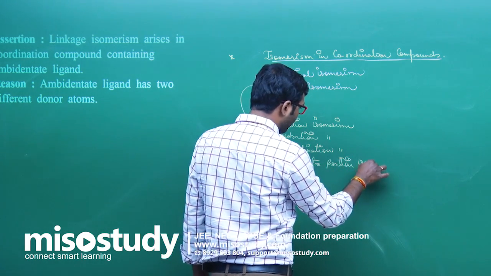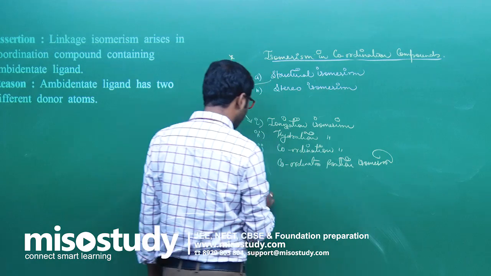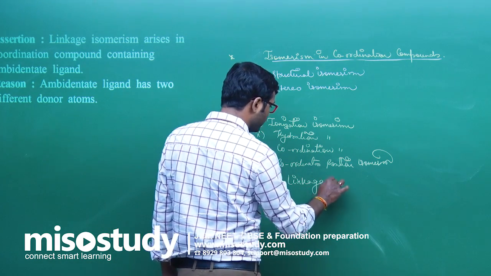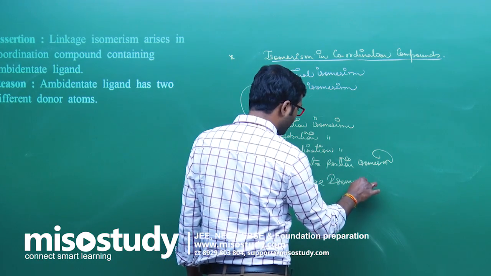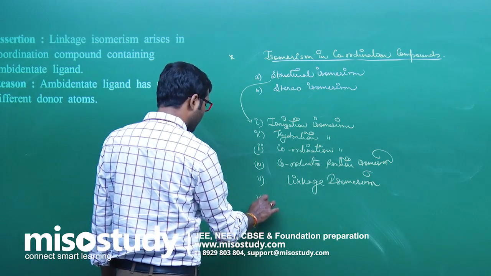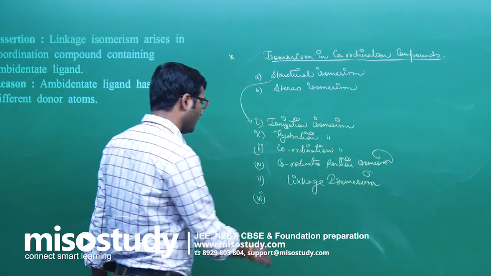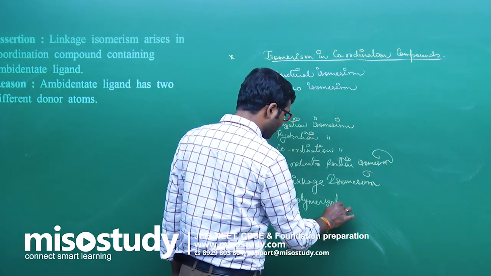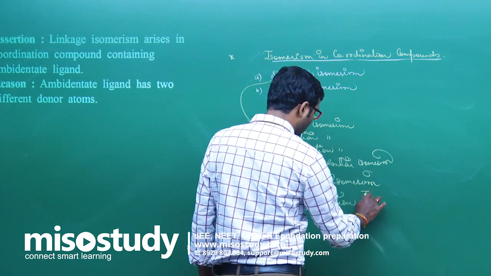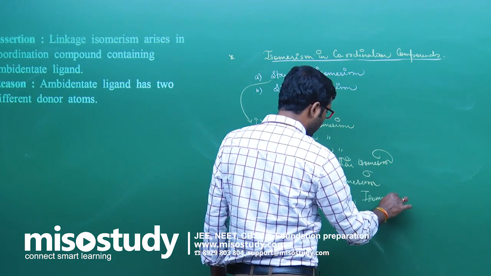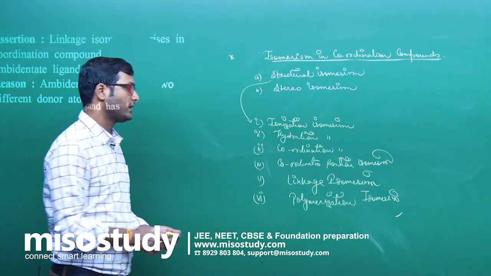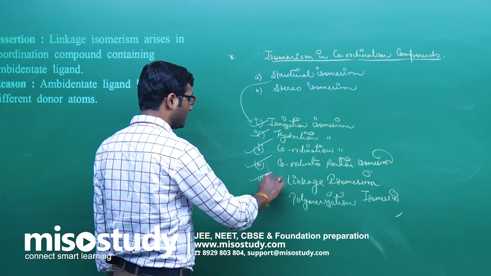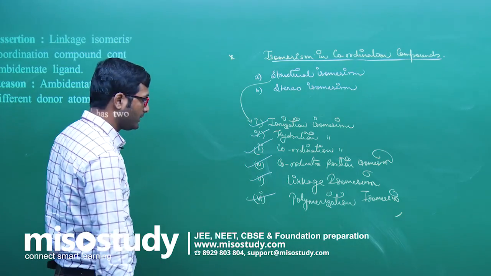The fifth one is linkage isomerism. Do you remember? Yes, linkage isomerism. And the sixth one is polymerization isomerism. Is it clear to you? Ionization isomerism, hydration isomerism, coordination isomerism, coordination position isomerism, linkage isomerism, and polymerization isomerism.